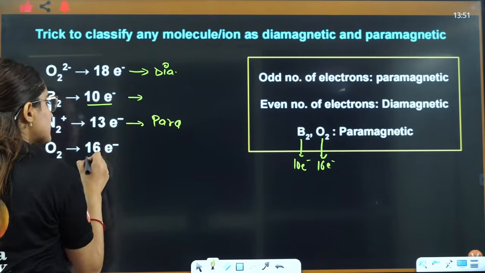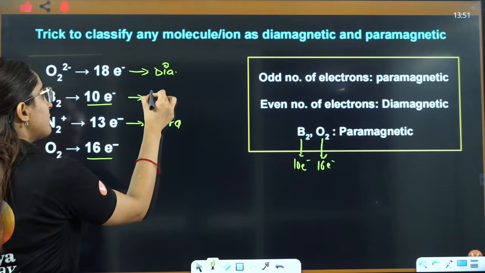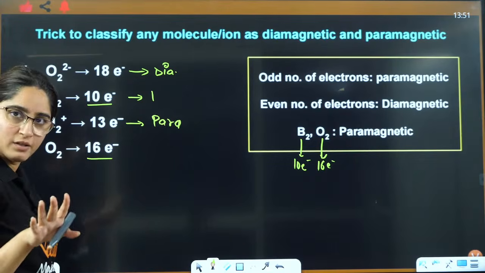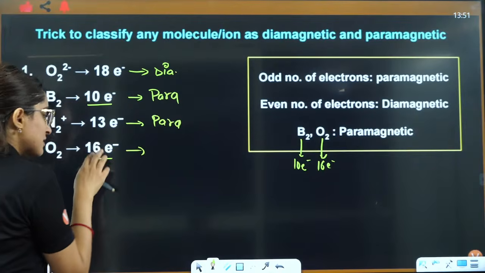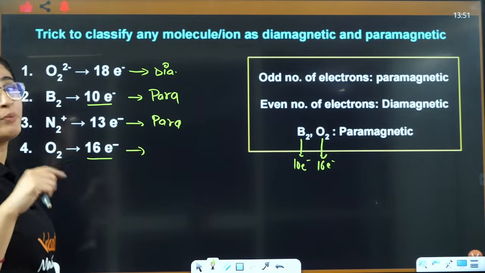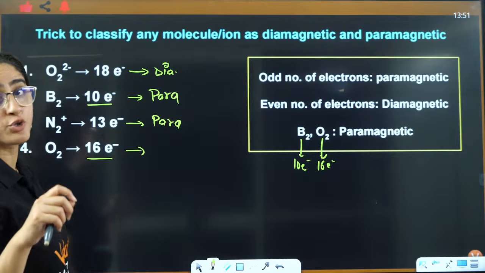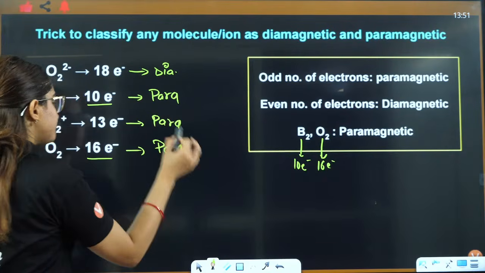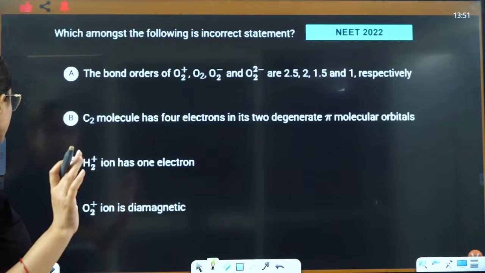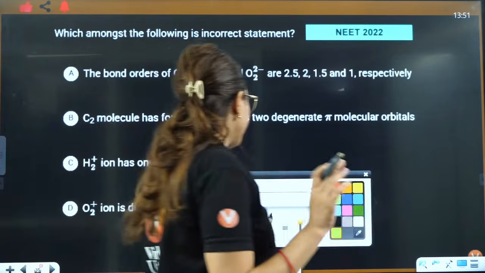But 10 and 16 are the exceptions. 10 is even, it should be dia, but it is actually para because it is under exception. 16, oxygen, is even so it should be dia, but it is actually para. So that's how without even solving, you can directly tell in the exam.